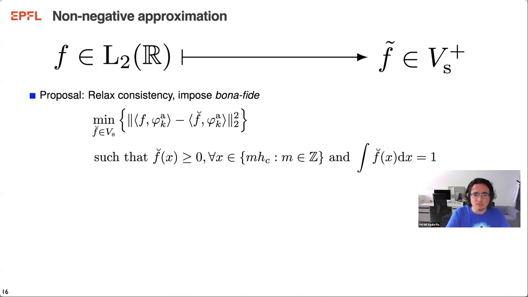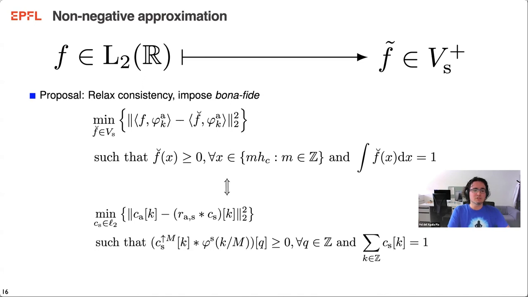And this problem we can actually solve quite easily, because the first term in the objective function is simply the measurements. The second term is the coefficients we're looking for convolved by the correlation between analysis and synthesis function. And the constraints can be expressed with a simple convolution of these synthesis coefficients upsampled by a factor of m.